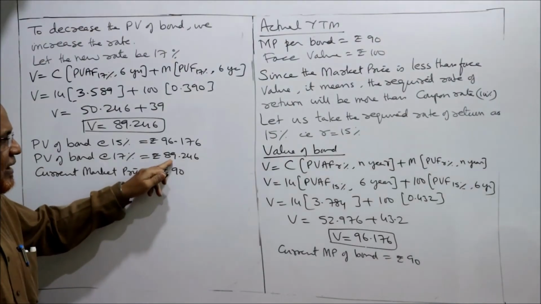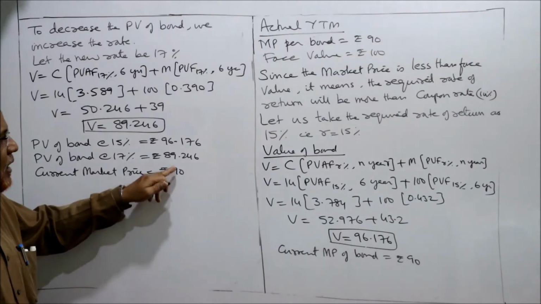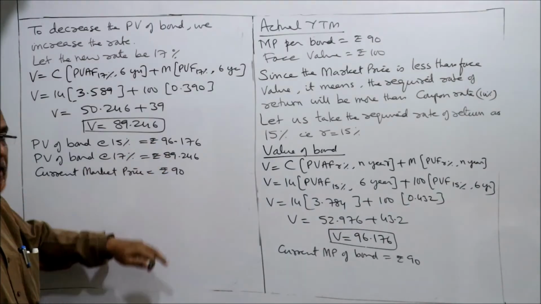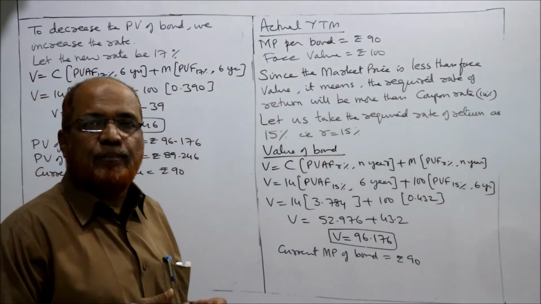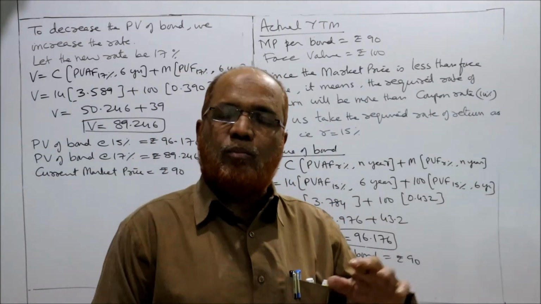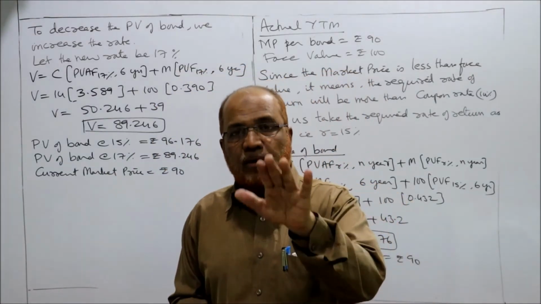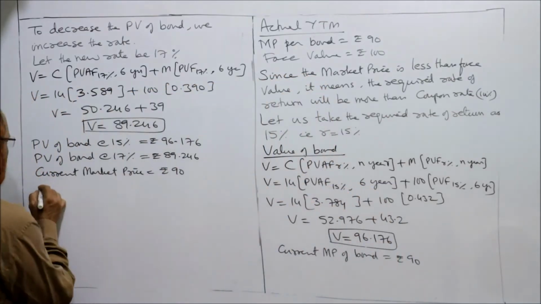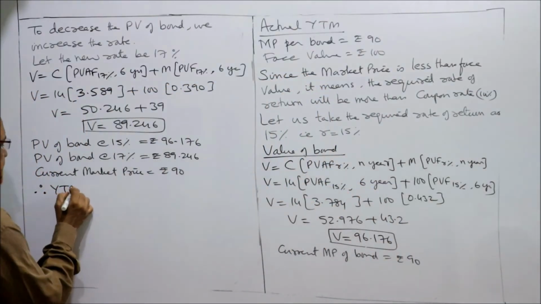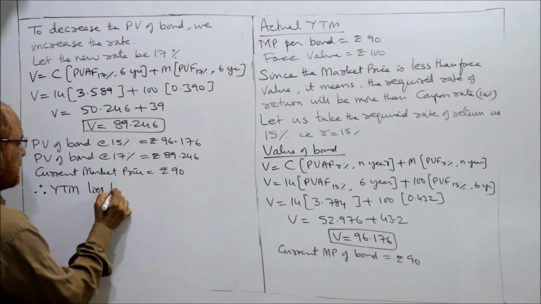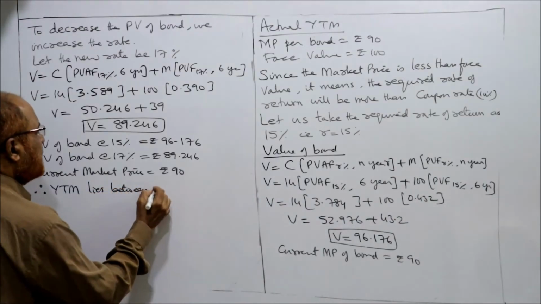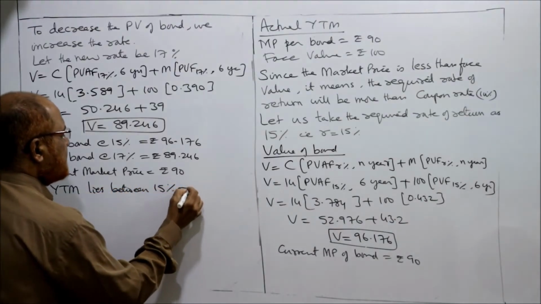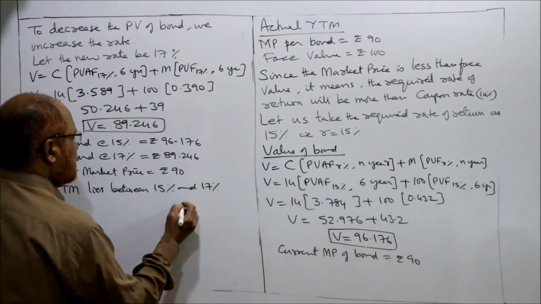ये 89 जो value है ये less than 90 है, और ये 96 जो है more than 90 है. तो हमको यही चीज चाहिए. We want one present value more than 90, the other value less than 90. We got it. Therefore, YTM lies between 15% and 17%.